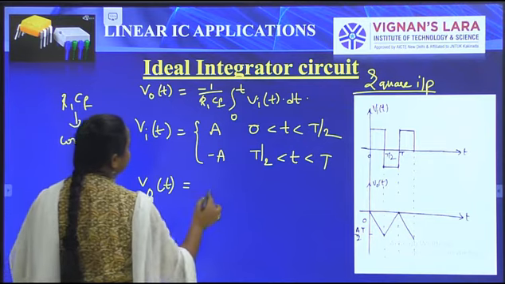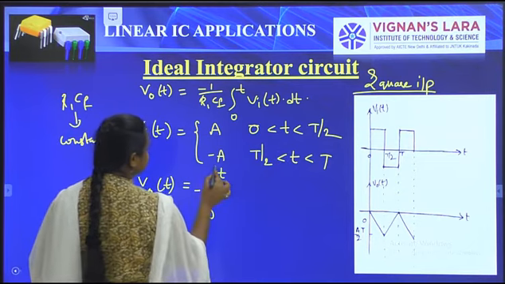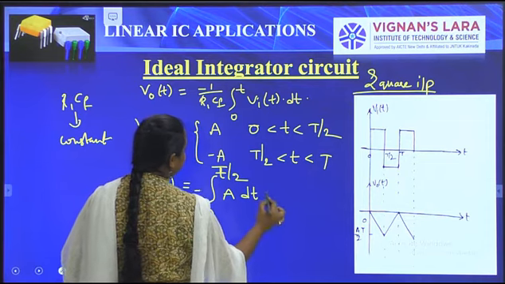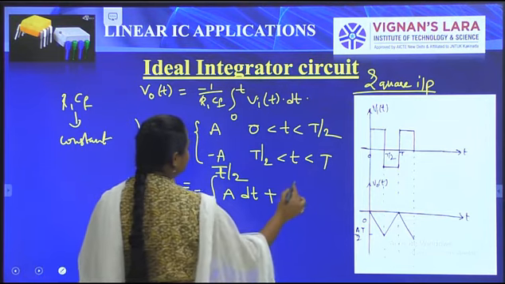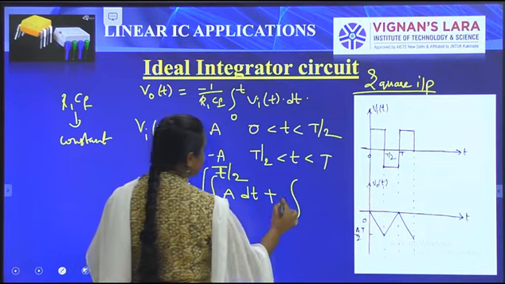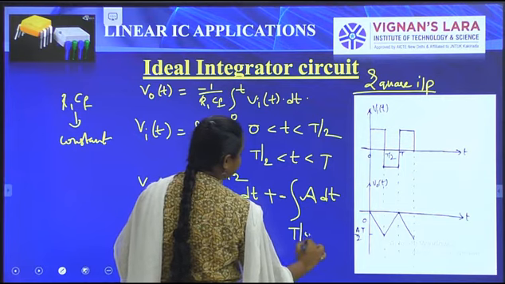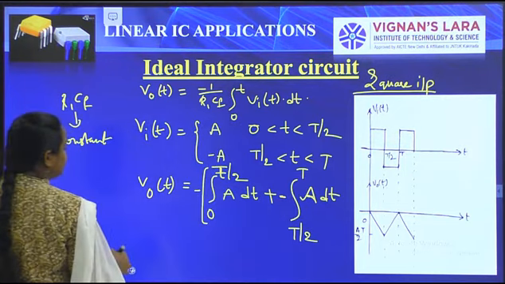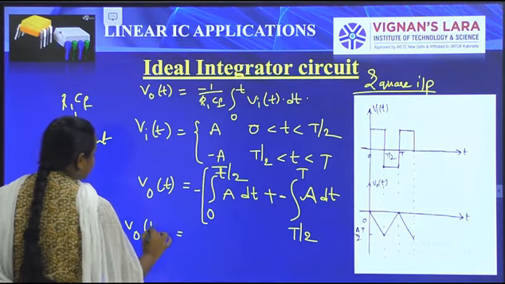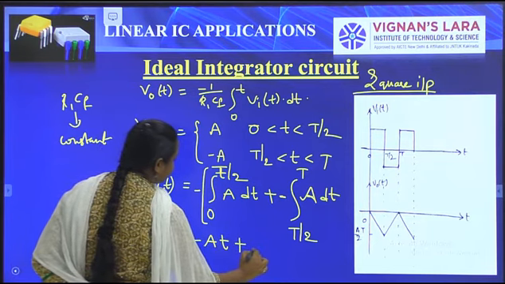So I can take it like this: integral 0 to T by 2 of A dt, plus the minus term, minus A dt, integral T by 2 to T. So this becomes minus A t, and V0 of t is equal to minus A t plus minus.